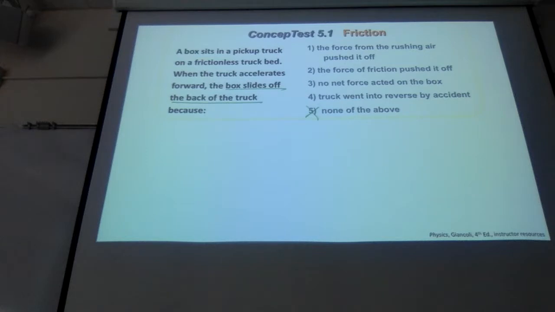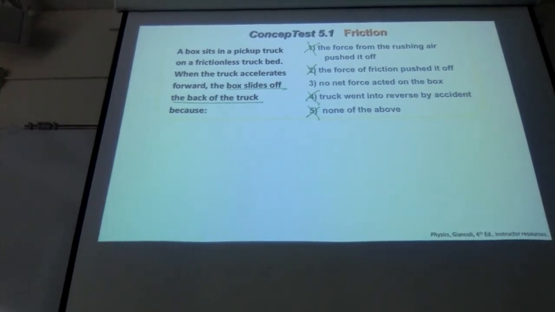No, we don't really deal with air resistance in here. So did the truck go and friction was like, hee hee, leave box, and they just threw it off the back? I don't think that's the way friction works.